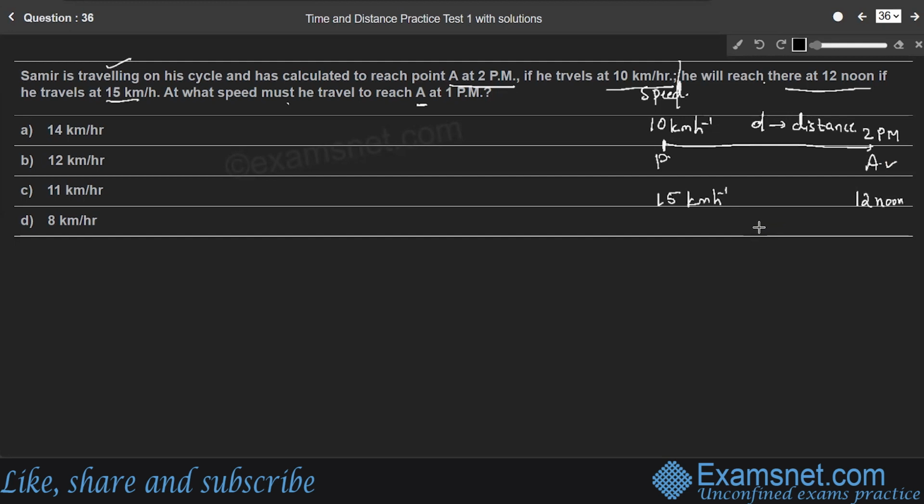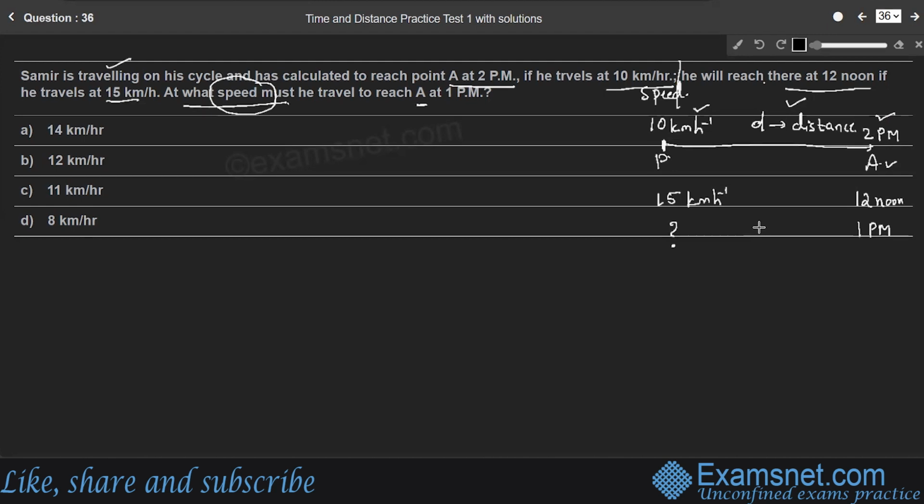Here the question is, at what speed must he travel to reach A at 1 p.m.? So in the third scenario, what should be the speed if he reaches the same place at 1 p.m.? For that, we need the distance between the two places D and also the time taken in the different scenarios, right? Then only you can find the speed in the third case. So here we'll consider the first scenario, where he is traveling with 10 kilometers per hour speed and he reaches at 2 p.m.